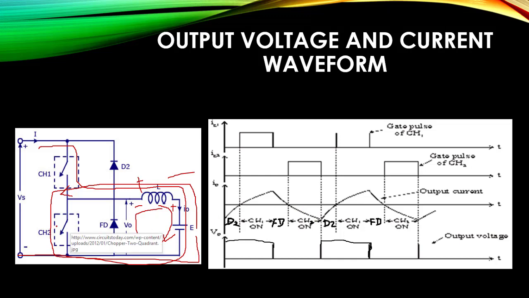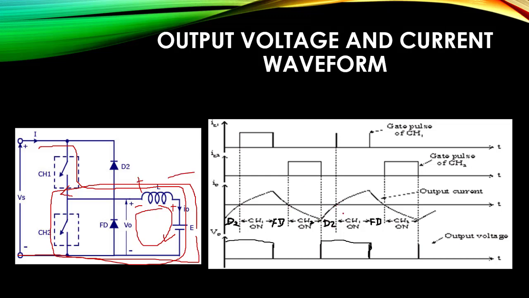Next, when you switch off this switch, that is CH2, this inductor will be discharging through this diode. At this time, the current is negative; in the negative region, it is discharging. So at this duration, the diode D2 conducts.